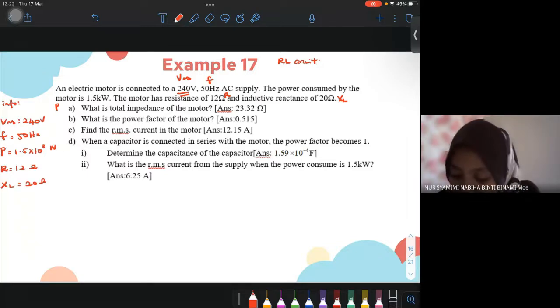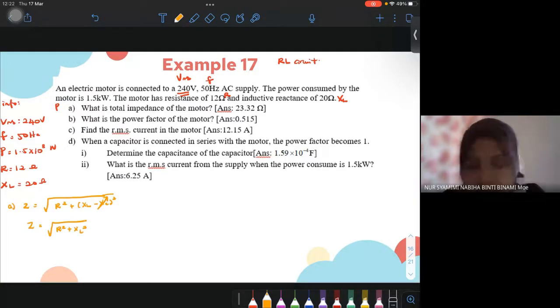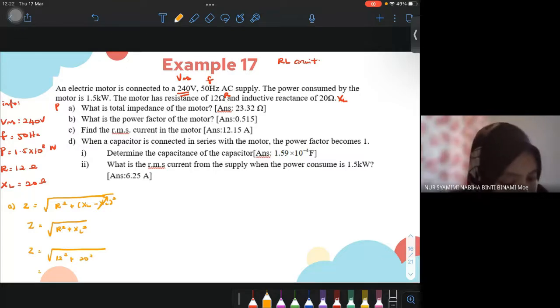The question asks for impedance, so the equation for impedance is Z equals square root of R squared plus (XL minus XC) squared. Since XC is not there, it becomes zero. So Z equals square root of R squared plus XL squared. We have all the information, we just calculate 12 squared plus 20 squared. So what is the value of our impedance?